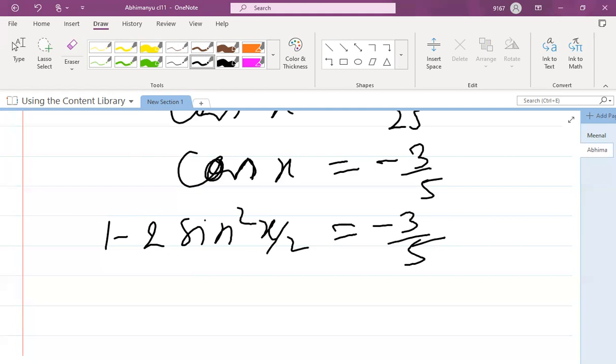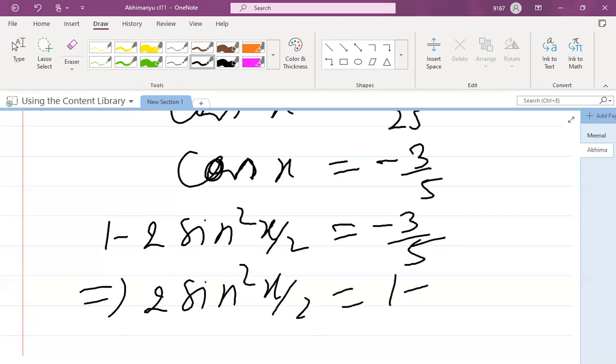So taking 2 sine square x by 2 equals to 1 minus, negative 3 upon 5 comes to the other side, plus 3 upon 5.